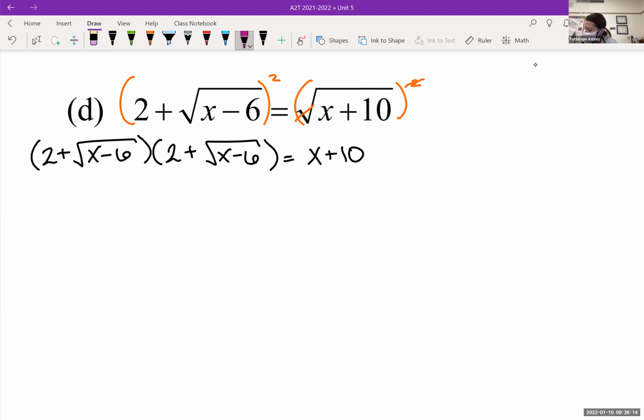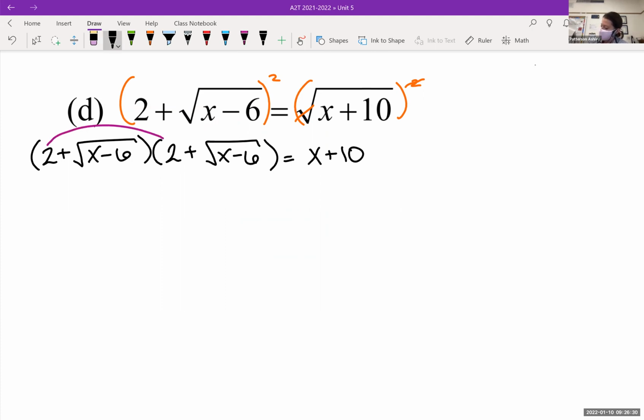That radical doesn't cancel out because it's not a singular term. It's being added to 2. All right, well, let's FOIL together. Let's distribute the 2 binomials together and see what we can come up with.